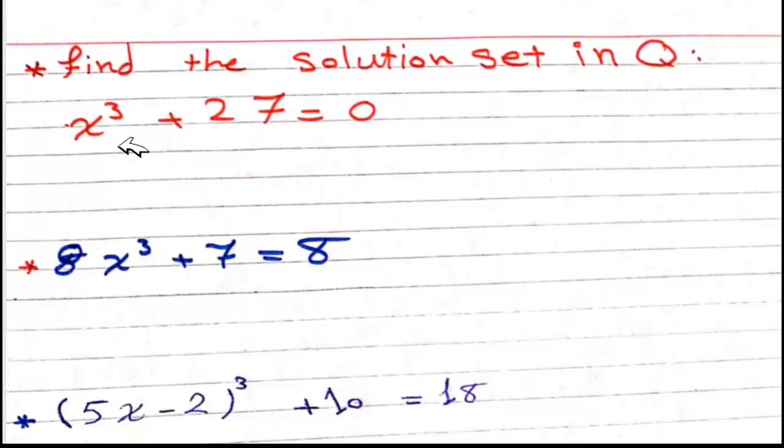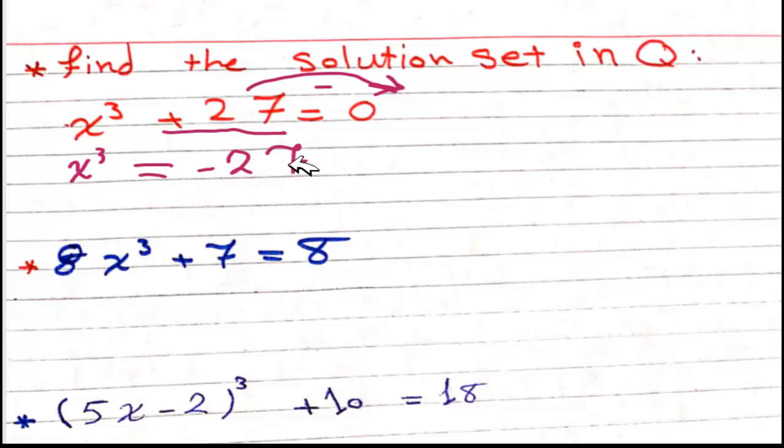So I put x power 3 on the left-hand side, and any number beside it I put on the other side with the opposite sign. Here it is positive 27, so there it will be negative 27. So x power 3 equals negative 27.